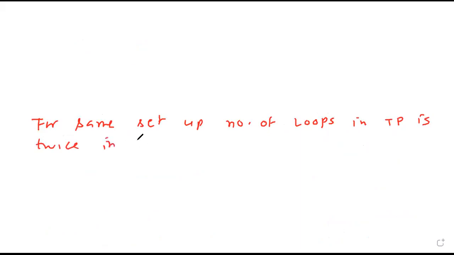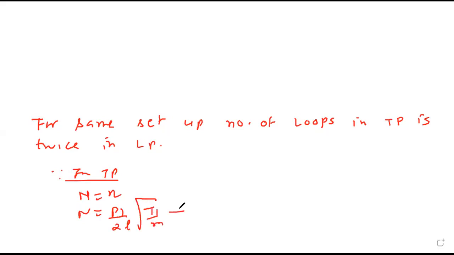For the same setup, number of loops in transverse position is twice that in longitudinal position. See, in transverse position, frequency is the same. So p1 upon 2L1 root of T by m equals n. Everything else is the same except the position.